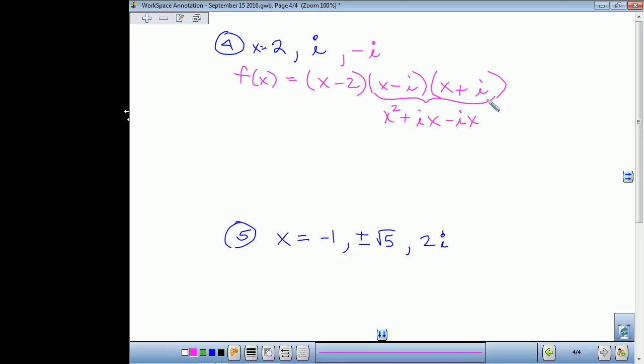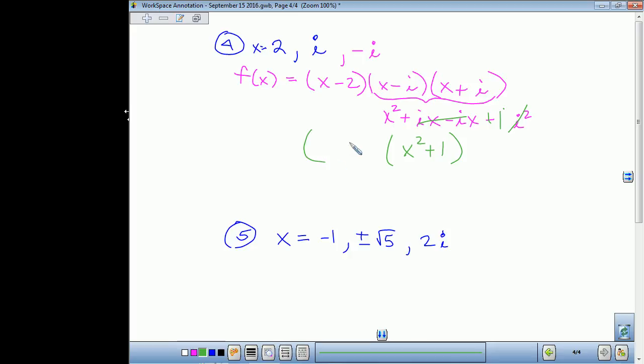And negative i times positive i is negative i squared, which becomes positive 1. Now what happens to these? They cancel. So this gives me x squared plus 1.